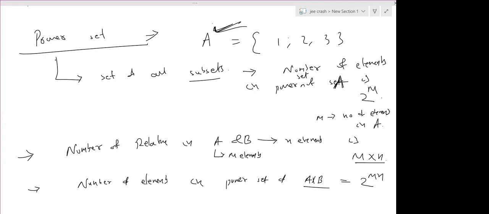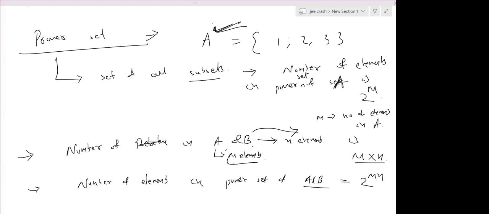Yes, sir. So can you repeat the second statement? Which one? The number of relations from A to B. If A has m elements and B has n elements, it is m into n.